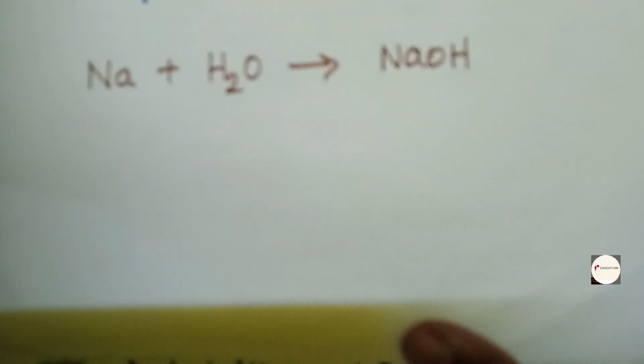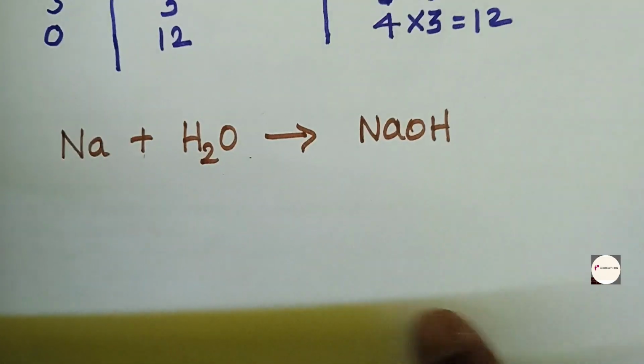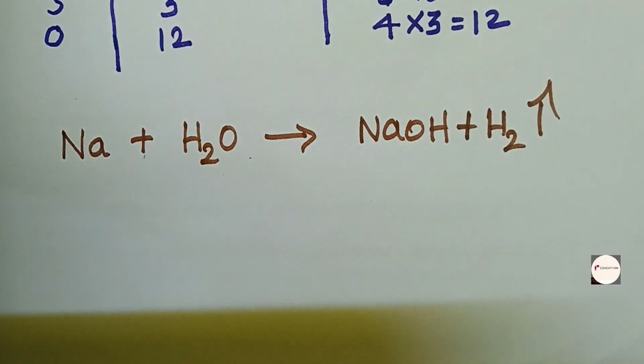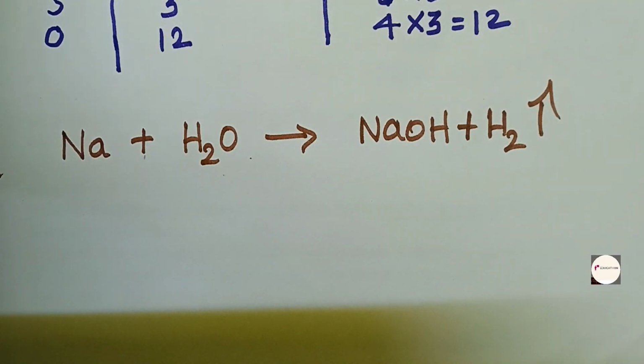Okay, you have to write like this: sodium hydroxide and hydrogen. Hydrogen is gaseous, so you can write H2 gas. Okay, now you have to balance this equation. Okay, try out this and we will see the next question in the next video. Okay, thank you.